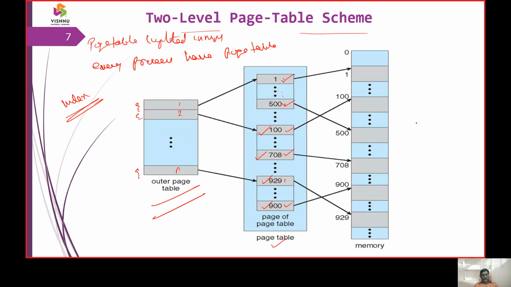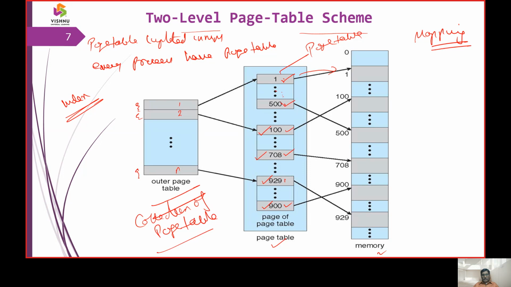Now there is a mapping mechanism which is going to be organized through the things in the main memory. Similarly, this is the first page table, and this is what we are going to call a page table.